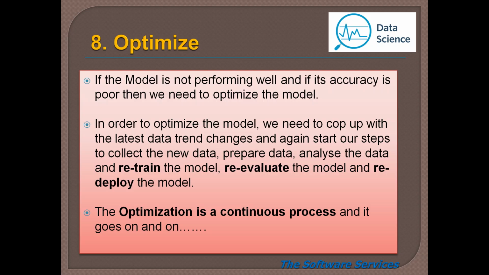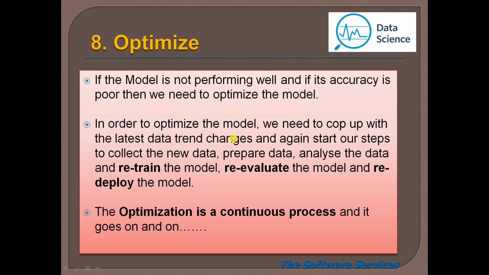So this optimization is a continuous process, friends. It is not a one time job. The optimization is a continuous process and it goes on and on and on, friends. So it is a continuous job, optimization.